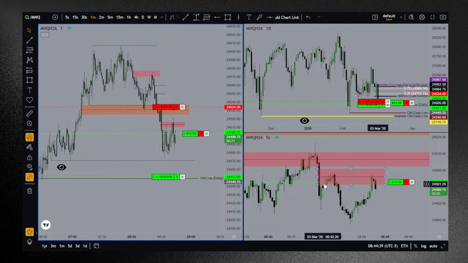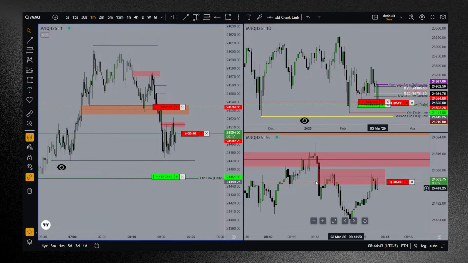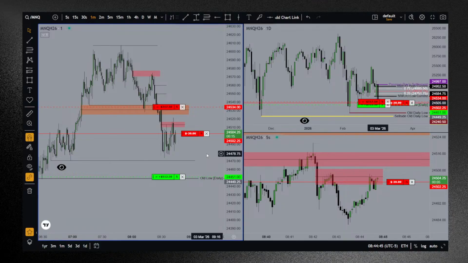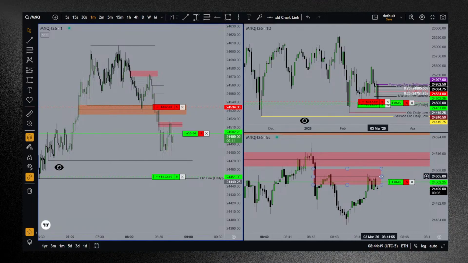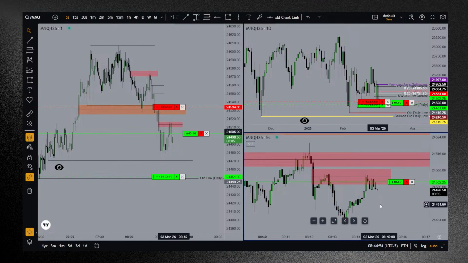Return back to that 5-second fair value gap here. Preferably quick rejection. So far lower half being respected with the body, so that's good. I want to see that.